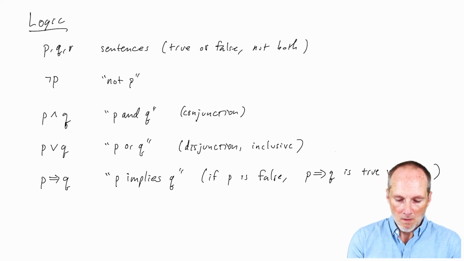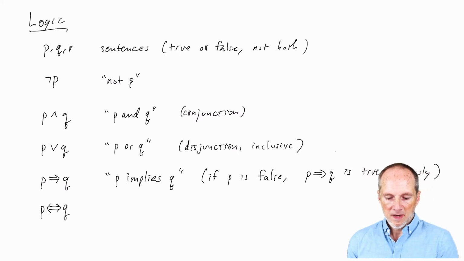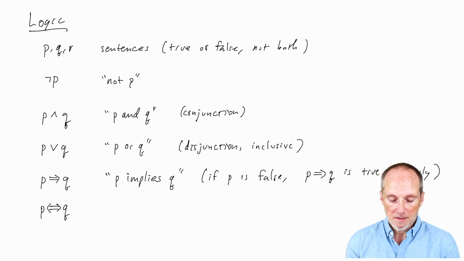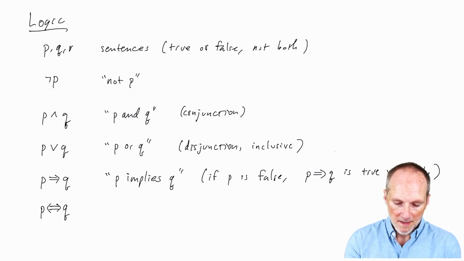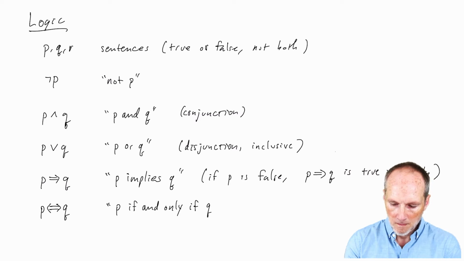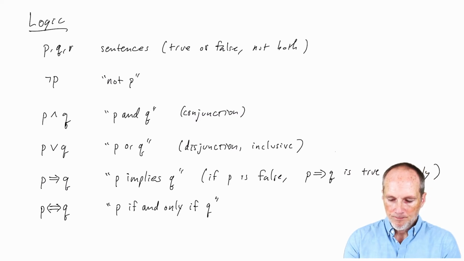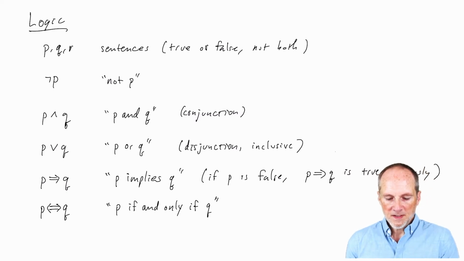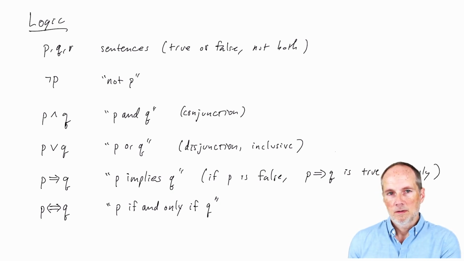And then the last one I'll do is the biconditional, which is basically the P implies Q going in both directions. So the way we say that is P if and only if Q, and that just means that either P and Q are both true or they're both false.